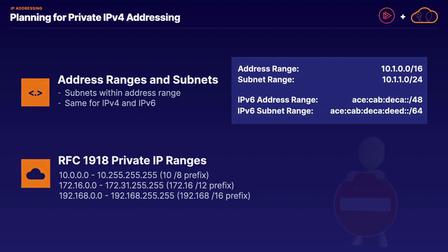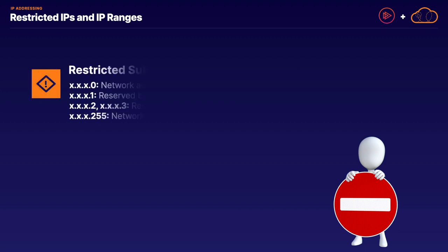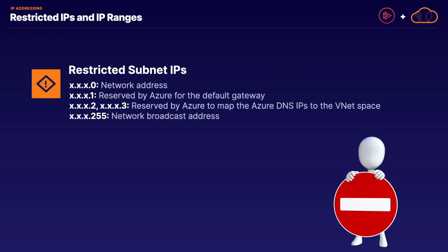Next, when it comes down to the fundamentals and planning out IP addresses for your network, you need to be familiar with a few restricted IPs or IP ranges that are specific to Azure. For any individual subnet range, there are effectively 5 IP addresses you are not allowed to assign to your virtual machines.